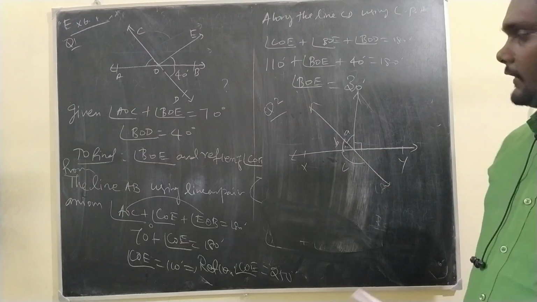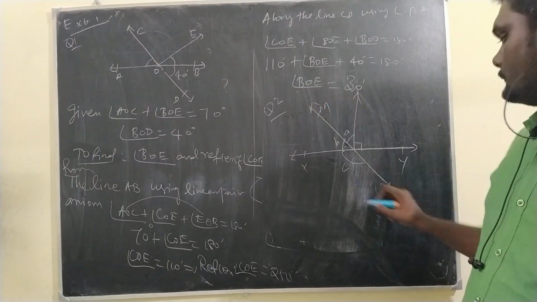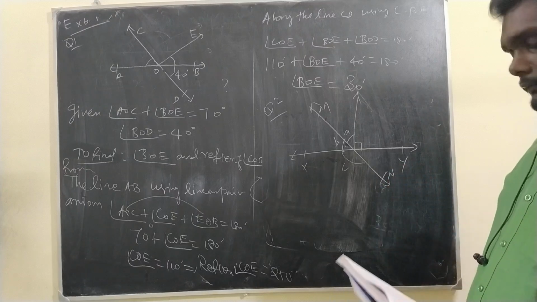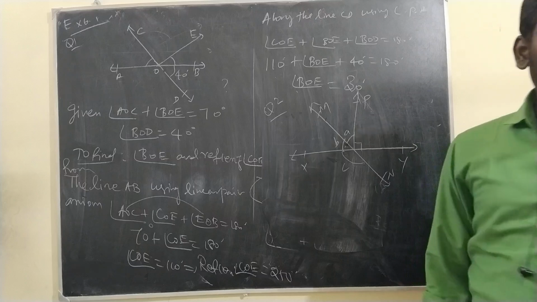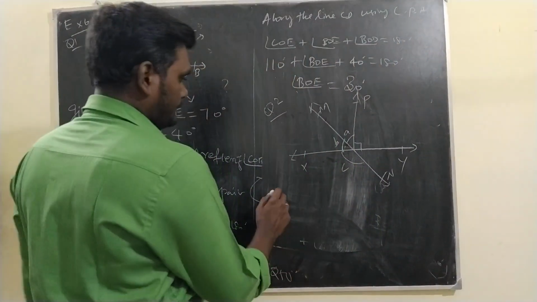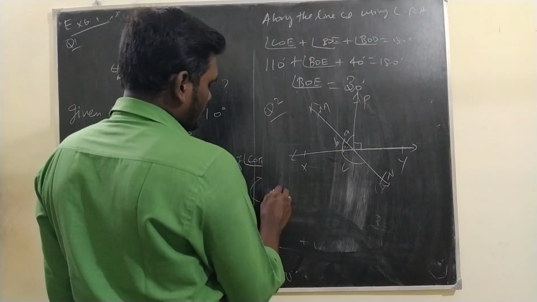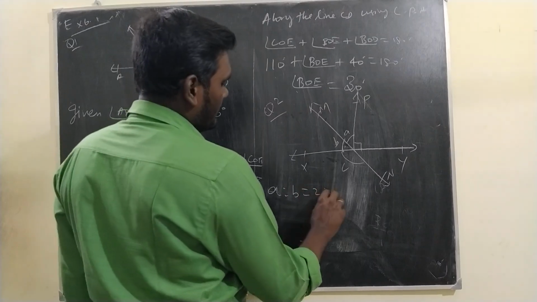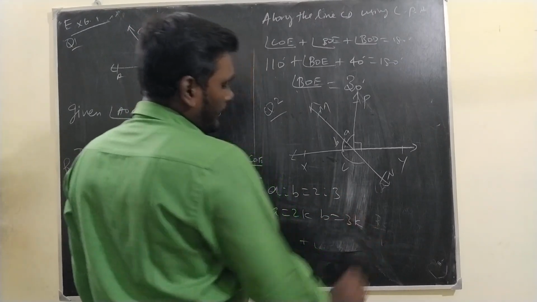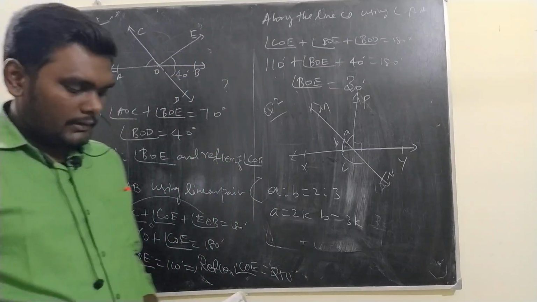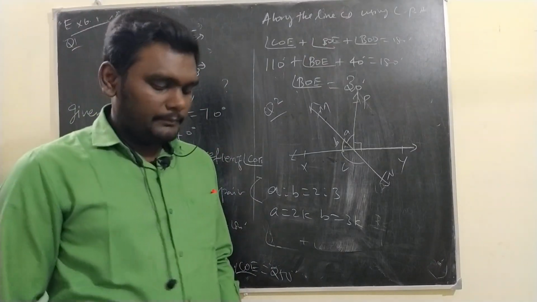You should not use x in this question. A is to B is 2 is to 3. Yes, A is to B equals 2 is to 3. So A equals 2k, B equals 3k. And then apply linear pair axiom.